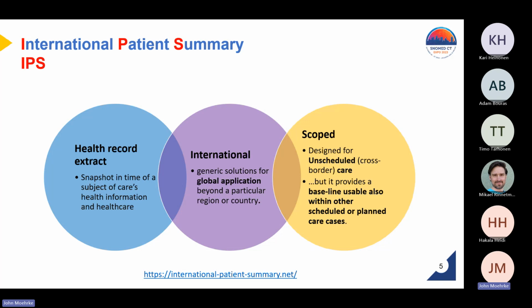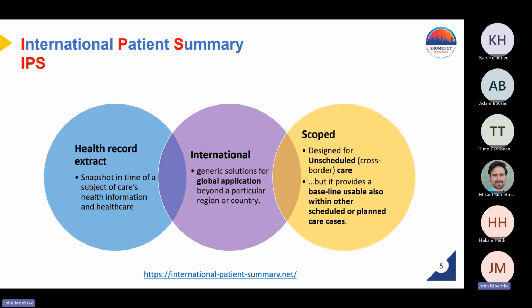And there's already plenty of regions that are adding their own little specialization to say, hey, within our region, this piece of information is a must versus just available to put there, those kinds of things. And we're seeing that it's being used not just in cross-border, but within a region.